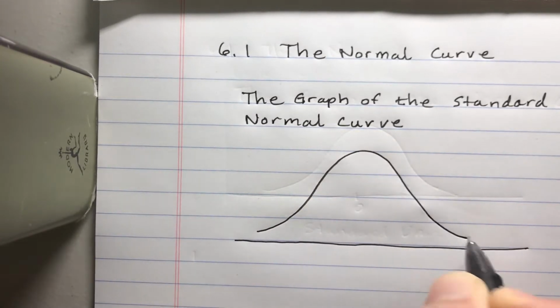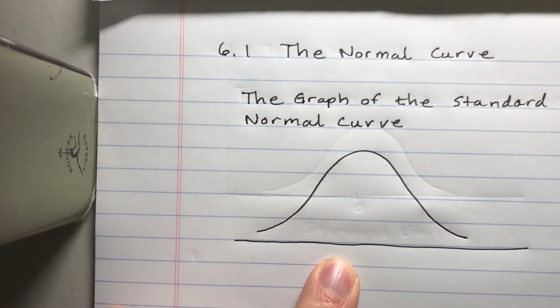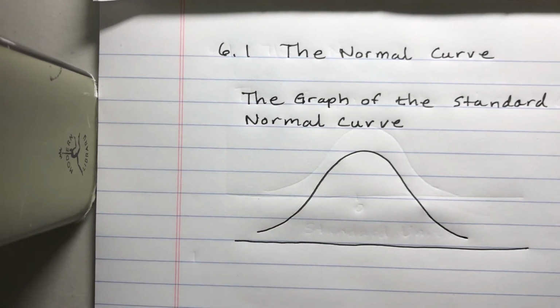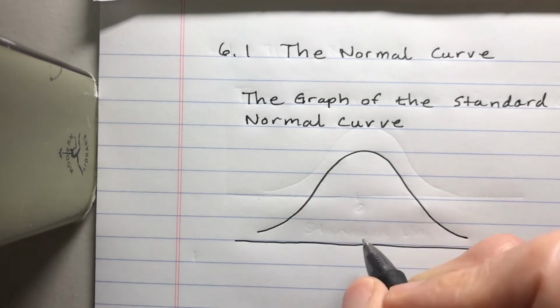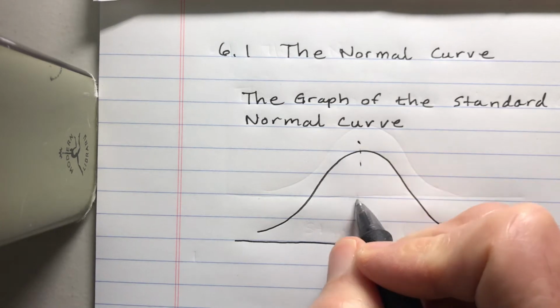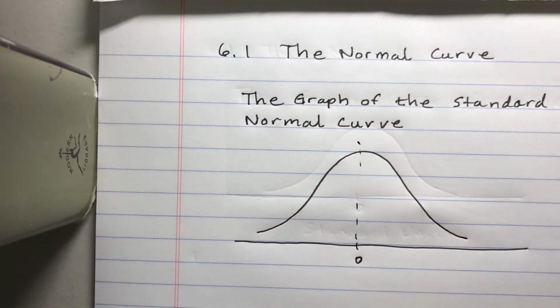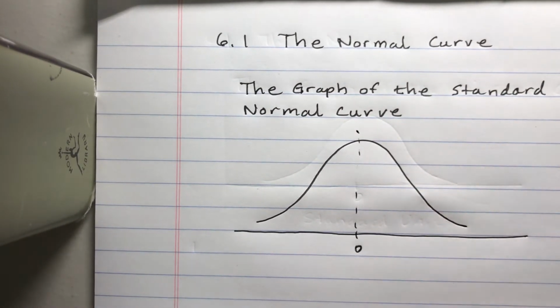So the normal distribution or the normal curve is what we call bell-shaped, and from the curve itself, just by looking at it, we can get some ideas here.